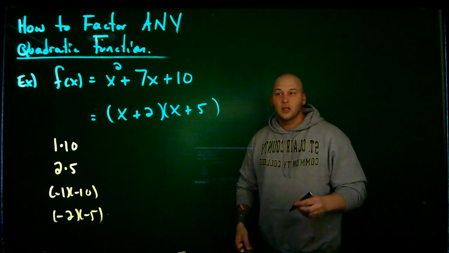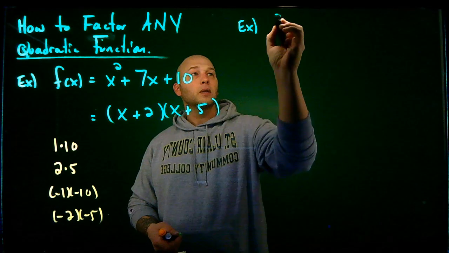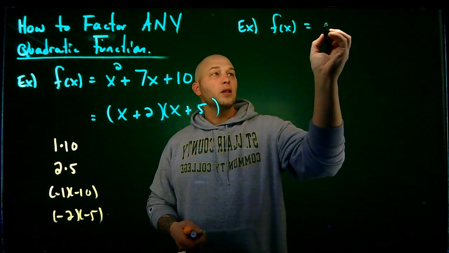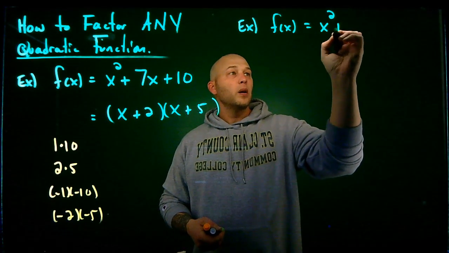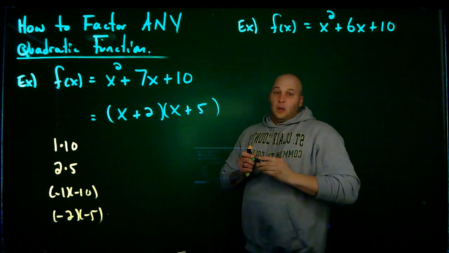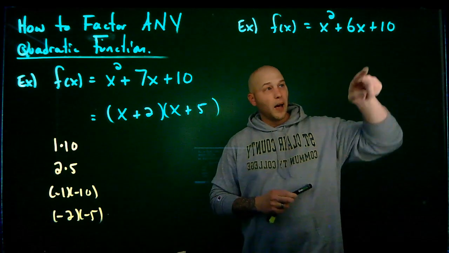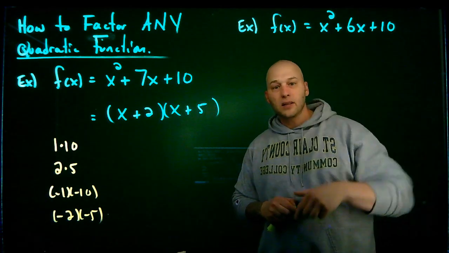Well, what if I change this slightly and say f of x is equal to x squared plus 6x plus 10? I need to find two numbers that multiply to get 10 and add to get 6.